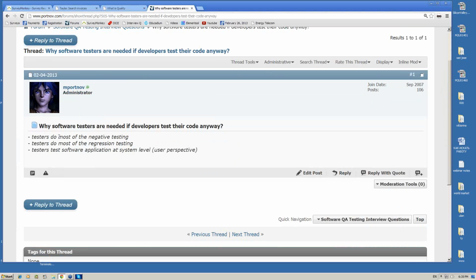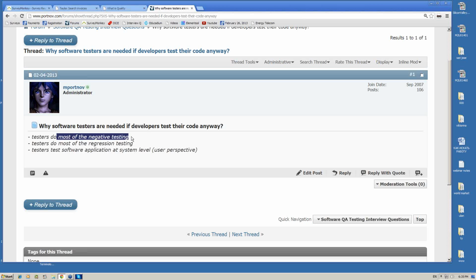So testers do most of the negative testing. Testers do positive testing as well, but developers are doing positive testing. 30% of the development job is testing. So developers do lots of testing on their side, on the code, but mostly they are doing positive testing.